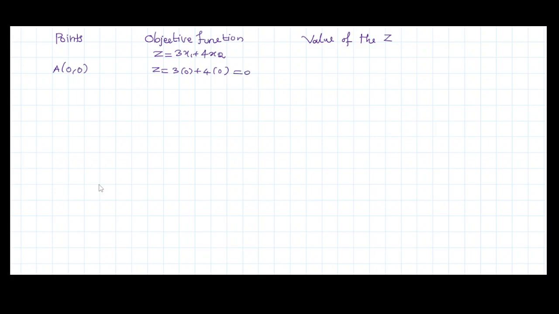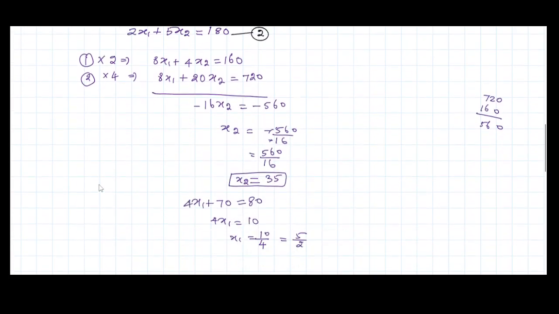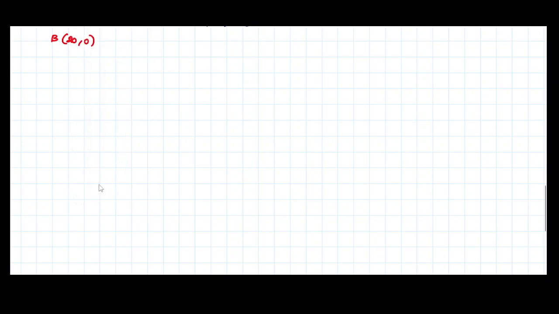The value at the point is 0. At point B, here B is 20 comma 0. Here the value of z equal to 3 into 20 plus 4 into 0, which is equal to 60.